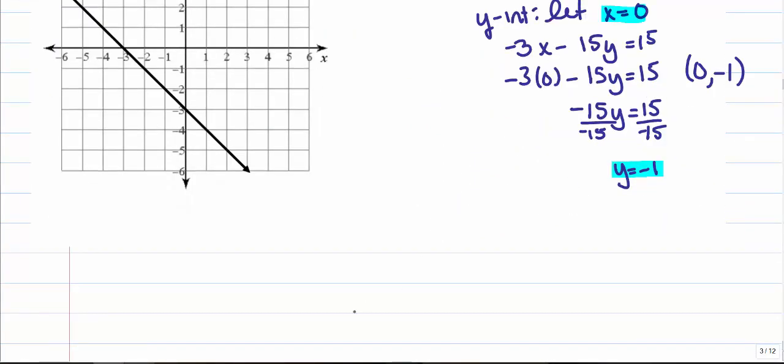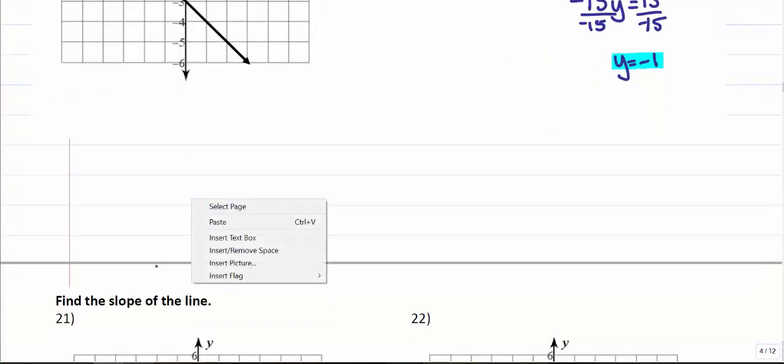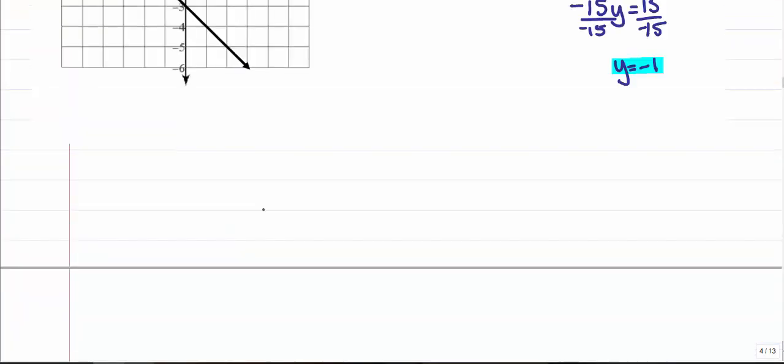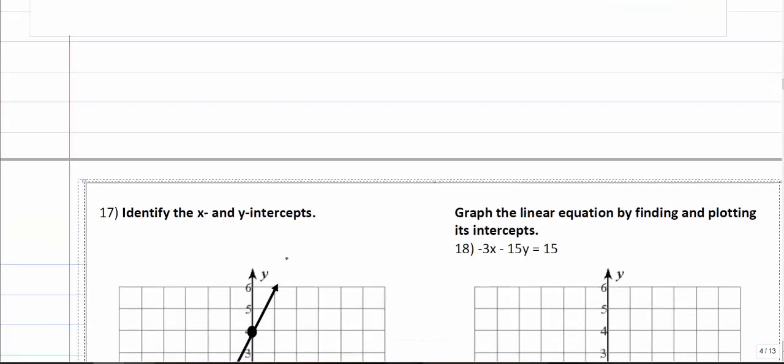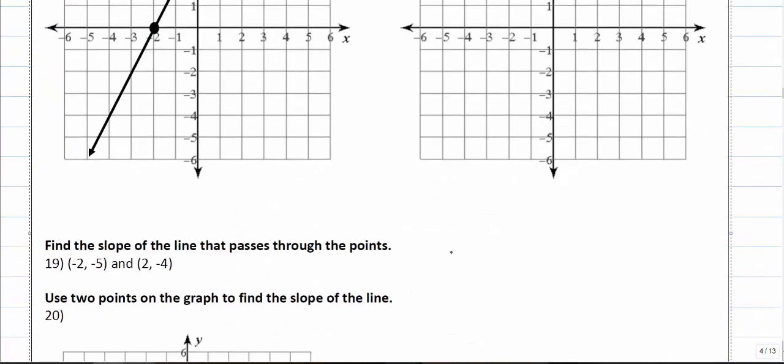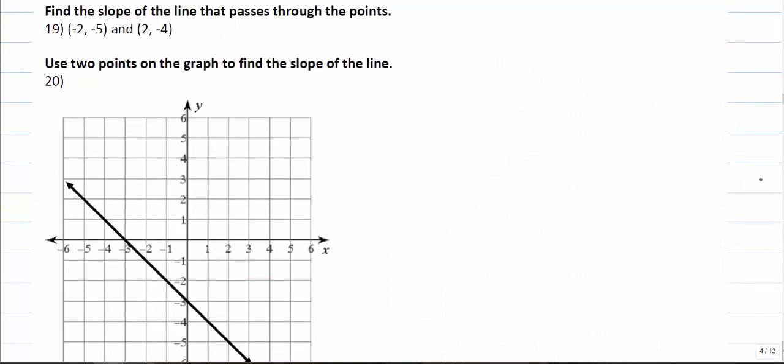Okay, so what I should have done, and I'm going to do it now, let's see. So numbers 19, 20, 21, and 22 have to do with slope. So if you're supposed to find the slope that passes through 2 points, you're going to use the formula m equals your second y minus your first y divided by your second x minus your first x.